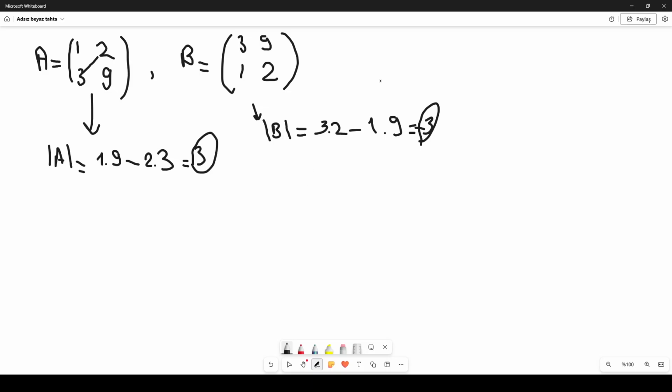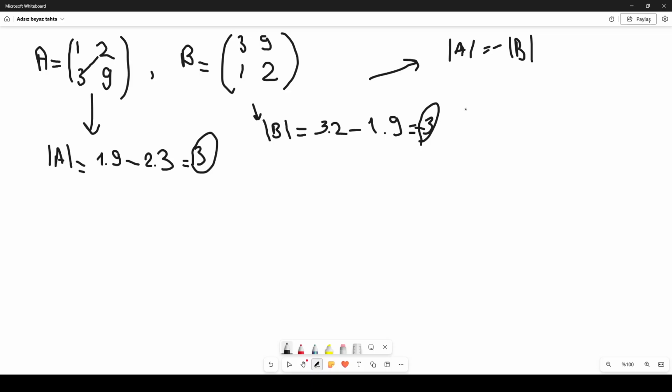Determinant A is equal to minus determinant B. We have 1, 2, and 3, 9 for matrix A. But if we swap the rows, in other words, interchange these rows, so the first row becomes the second and the second row becomes the first, then by performing this elementary row operation we obtain a matrix whose determinant is the negative value of the other matrix.